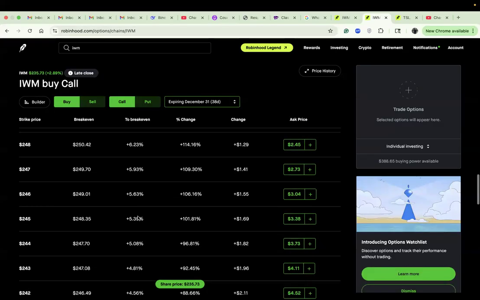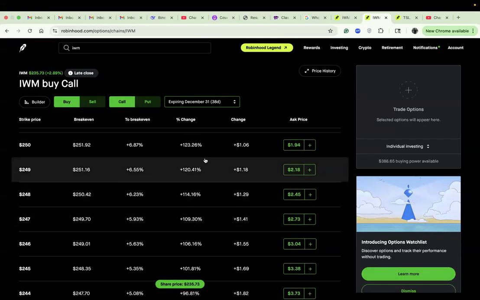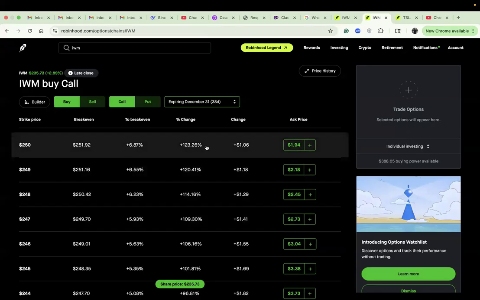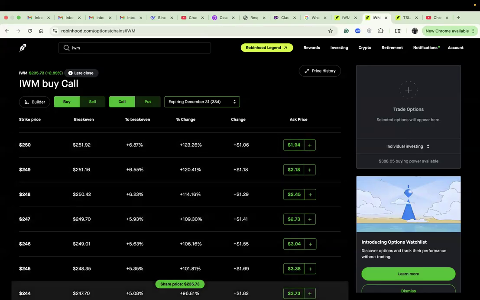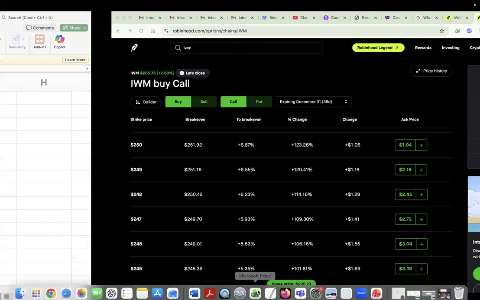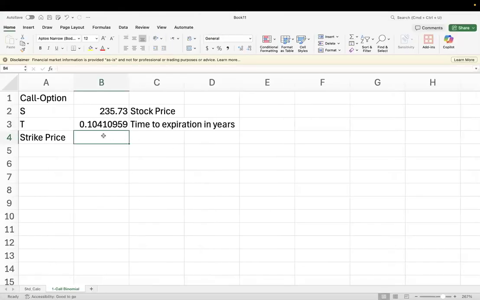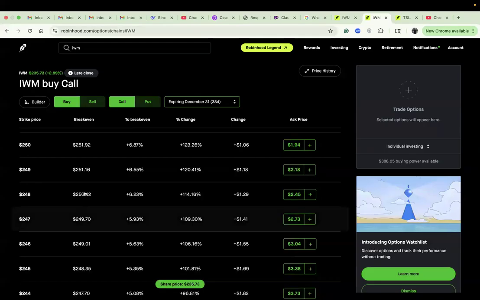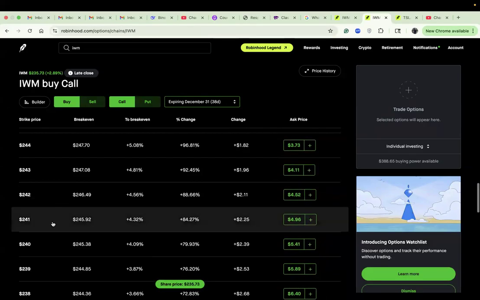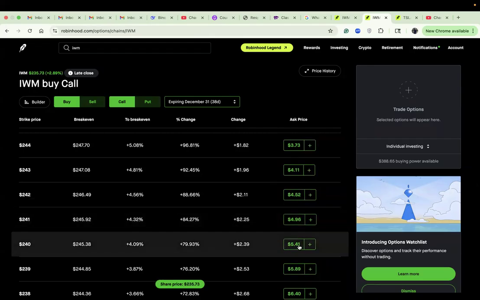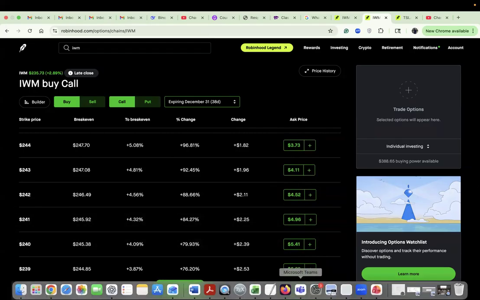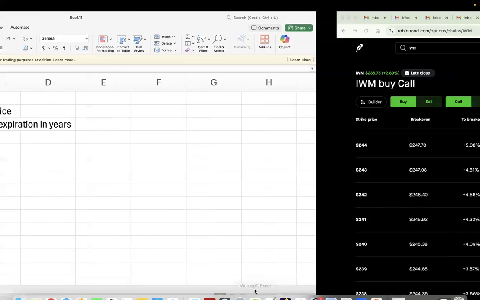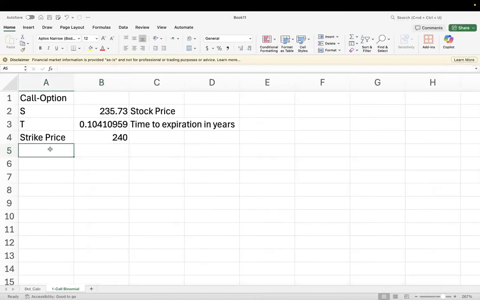However, what if we take a look at 250? Let's do 240. Yes, let's do 240. So right now, at 240, the option price is $5.41.